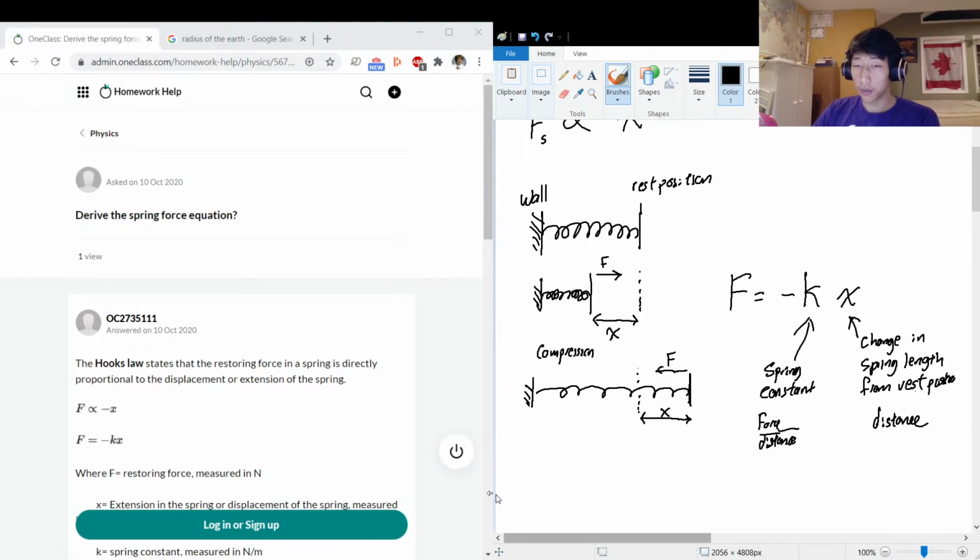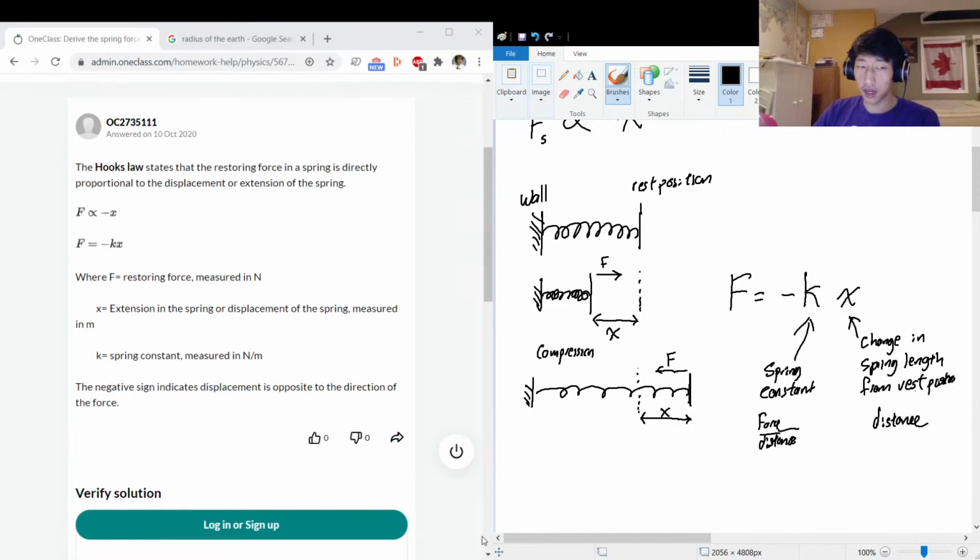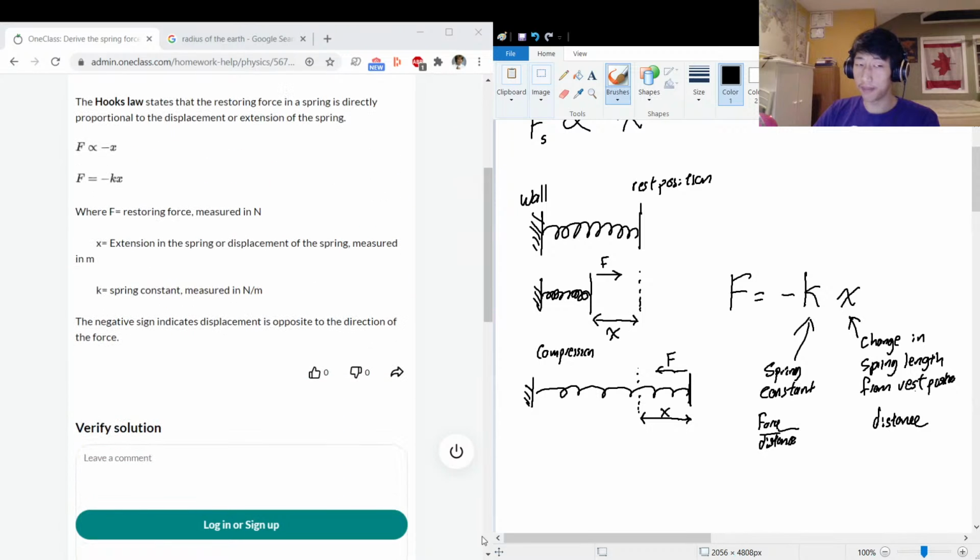Okay, so the signs can really be confusing sometimes, but just make sure that you can visualize what's actually going on here, and have a feeling for which direction the force would be if it's compressed, and which direction if it's stretched out, that type of stuff.